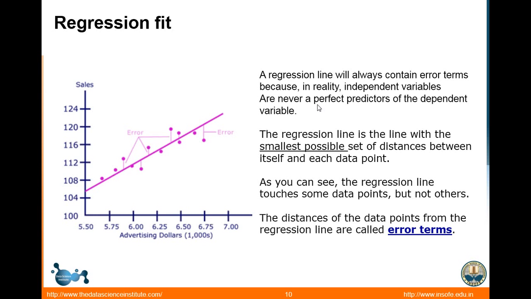As you can see, some of the points are not touched by the regression line, whereas some are very close. So in some cases we tend to make more error, in some cases there is a small error. The distances of all the data points from the regression line are termed as error.